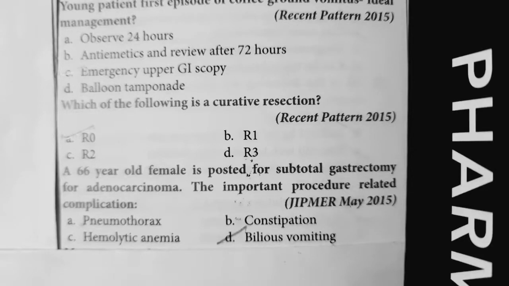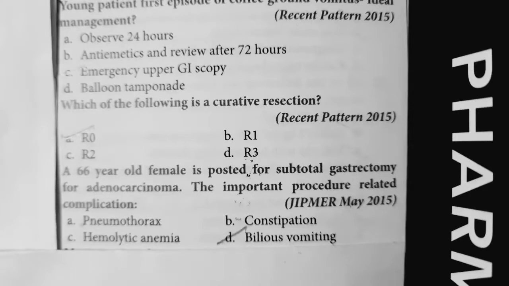Normally, between the stomach and the duodenum, we have the pyloric sphincter. This pyloric sphincter prevents the contents of the duodenum from reaching the stomach or getting vomited out. But once you do subtotal gastrectomy, you are actually removing the antrum, pylorus and a part of the body of the stomach, and that pyloric sphincter is removed.